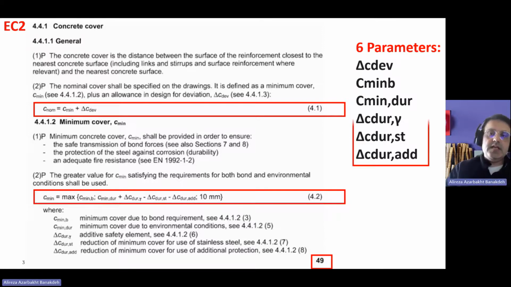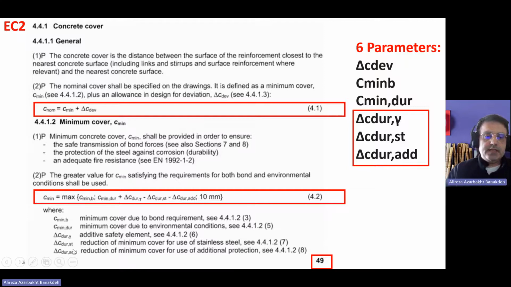For this purpose, I start with these 3 different delta C terms: delta C dur,gamma, delta C dur,st, and delta C dur,add. If you take a look at the bottom of this page, you will see that when Eurocode or any other standards give you a formula, the definition of the input parameters is just below the formula.